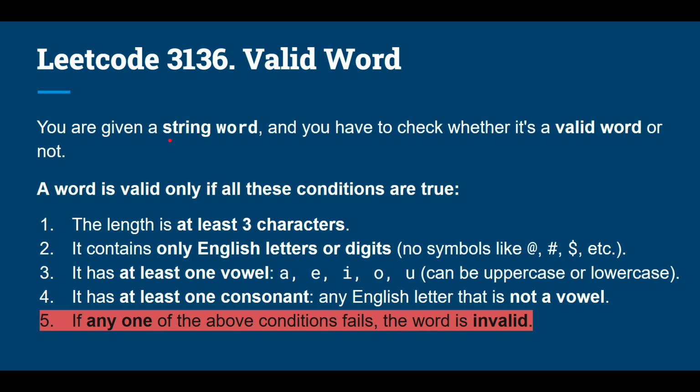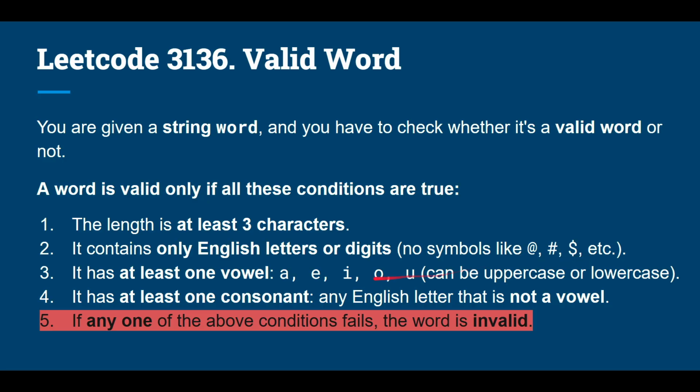So as the question says, you are given a string word and you have to check whether it's a valid word or not. A valid word means only if all these conditions are true. What are the conditions? The length is at least 3 characters and it contains only English letters or digits. No symbols like at the rate, hash, and these things should be there.